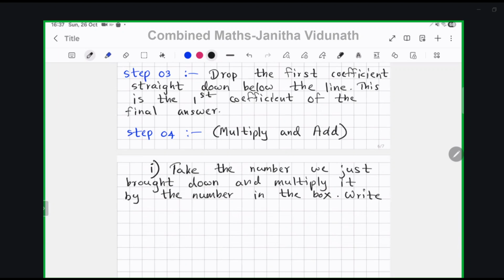Under step 4, write down Roman number 1 and start to write.